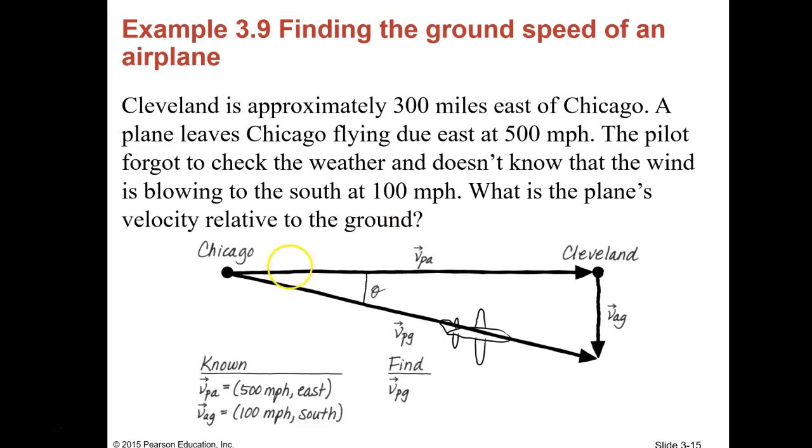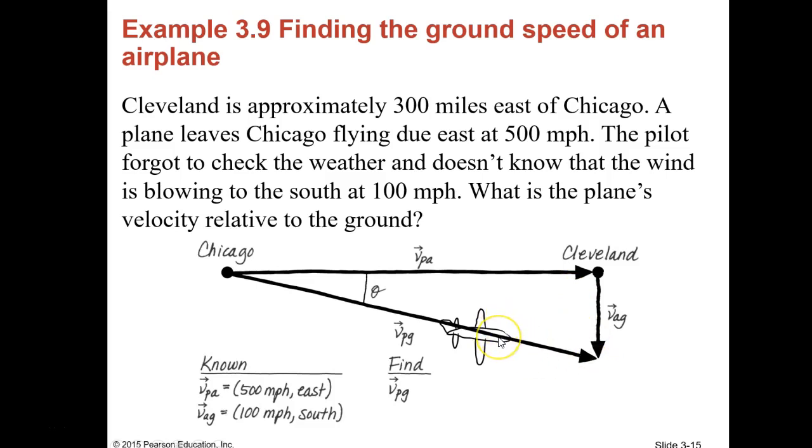Okay, so we have the two vectors. We have the straight line vector, which we know is 500 miles per hour east, but the wind is blowing 100 miles an hour south. So this resultant vector is the actual velocity relative to the ground, a combination of the straight line speed and the wind speed.